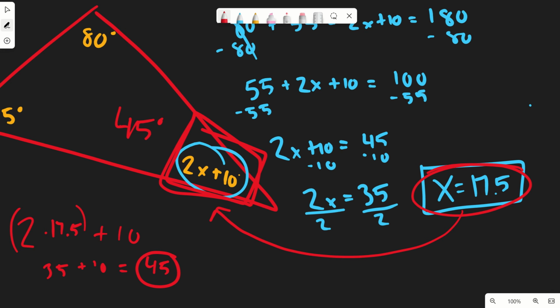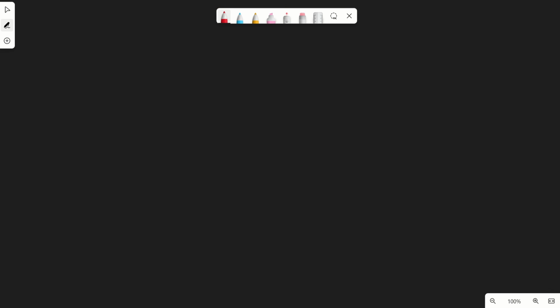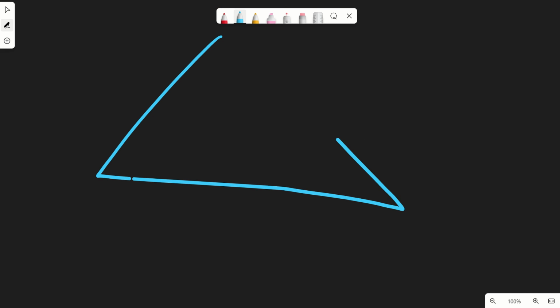Okay, so if I took one that said, I have a triangle here, and I know that on my triangle here, it looks very similar to the triangle I just made, but on this triangle, this angle is 2x, this angle is 3x, and this angle is 4x. What are the measures of my angles?